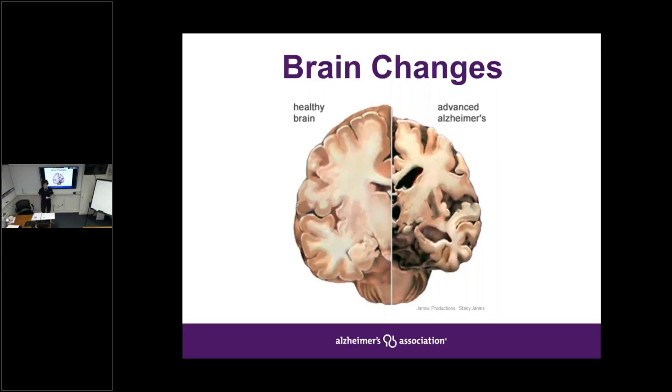We mentioned that in Alzheimer's disease, there's brain cell death. So the tissue is dying and it's shrinking, and we're seeing a change in the size. We're also seeing larger spaces in between these sulci. So these spaces are much greater.